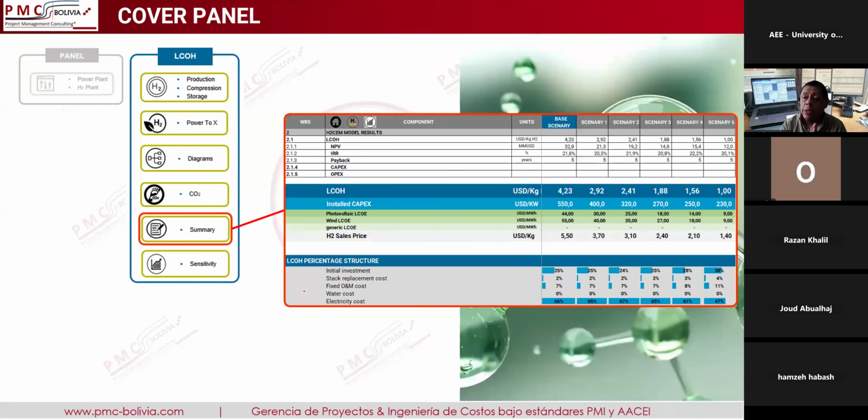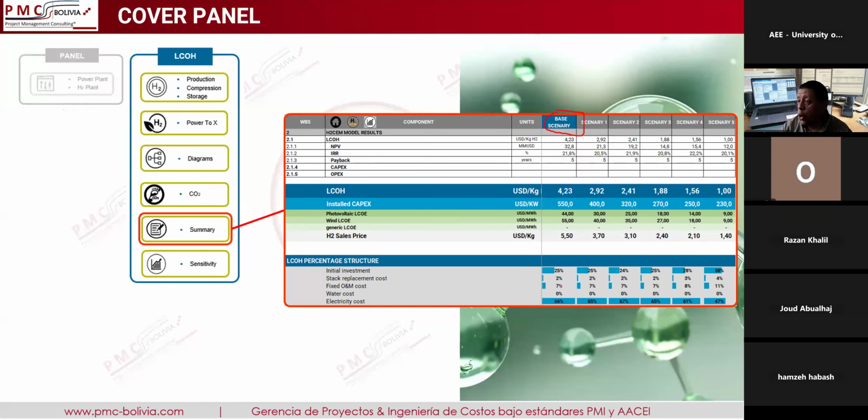So the model shows us the summary. We can create each scenario for analysis. For example, we can create a base scenario plus scenarios 1, 2, 3, and so on.